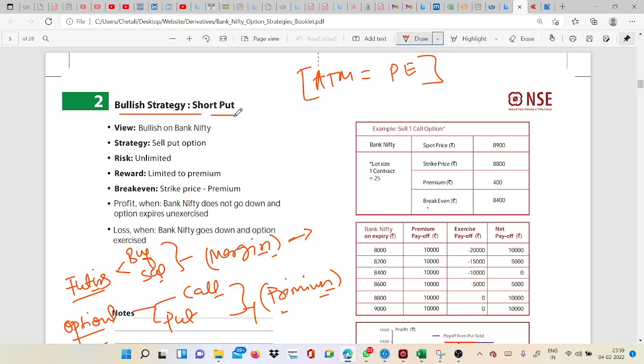In that case, you can decide on the short strategy, which is a sell strategy, to sell the price, because now we have a speculation that the particular index will go down below this price and they will have a profit. That is when you enter into put options.